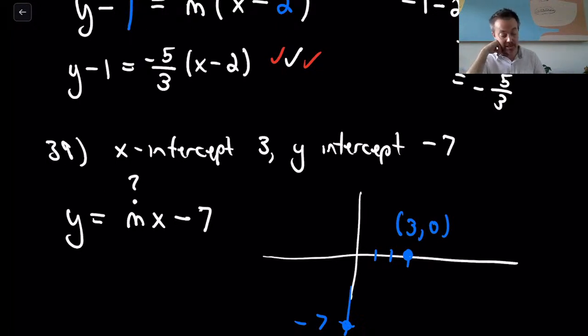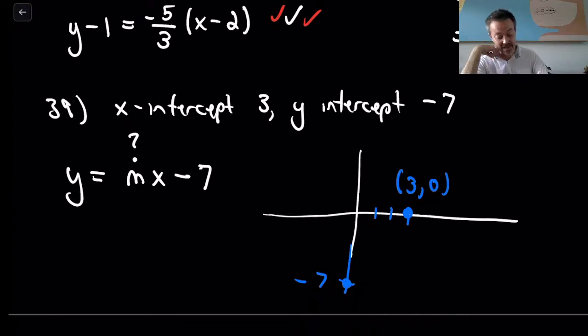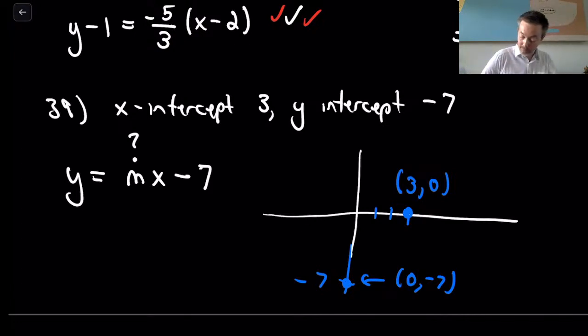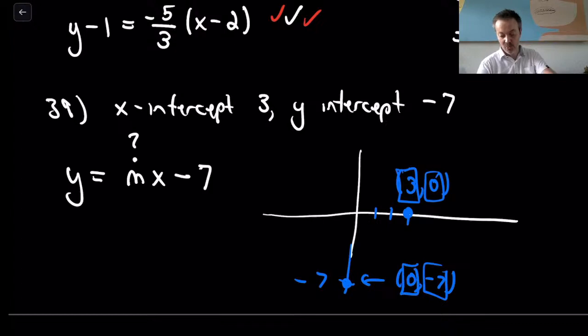Thank you, that is worth stressing. Likewise, the y-intercept of -7 means that the point (0, -7) is also a point on the line. So you could do y2 minus y1 over x2 minus x1. You could also count. I'm just going to count the change in y over the change in x.